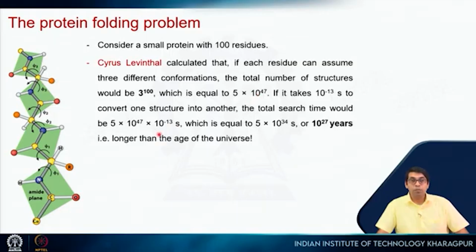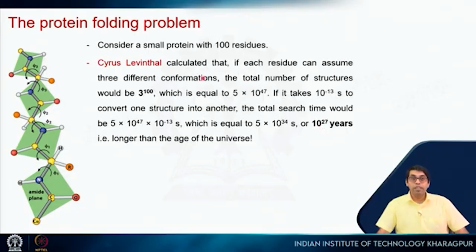Okay. Now from experiments we know that going from one torsion angle to another takes roughly 10 to the power minus 13 seconds. This is very, very fast. Okay. So let's say the protein samples all these conformations and it takes this time to go from one conformation to another, the total time taken will be this multiplied by this, which equals 10 to the power 34 seconds or 10 to the power 27 years, which is actually longer than the age of the universe.